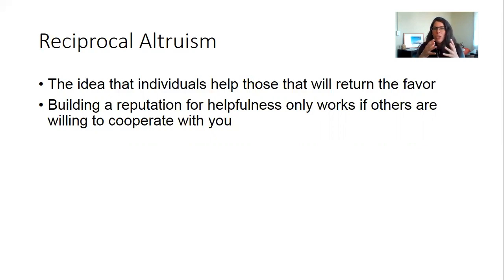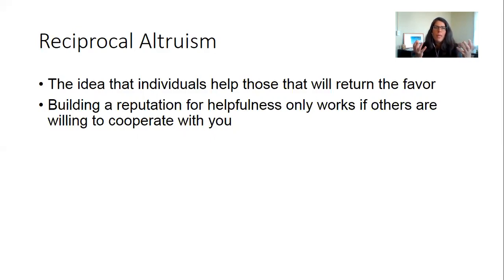This reputation only works if others are willing to cooperate with you. Our society is mostly cooperative. There are individuals called cheats, and they will come in and take advantage of people's altruistic behaviors by not returning those favors.